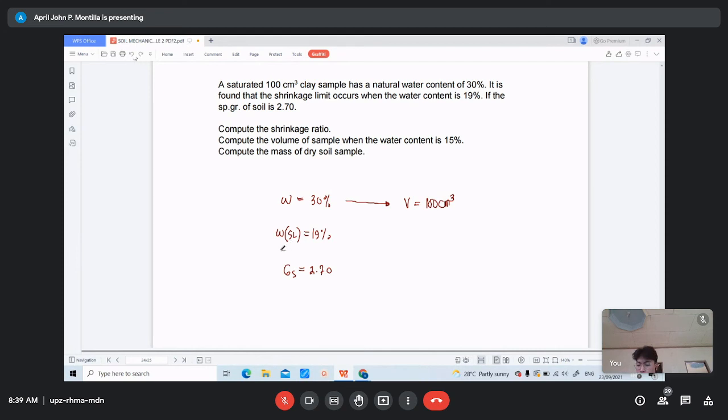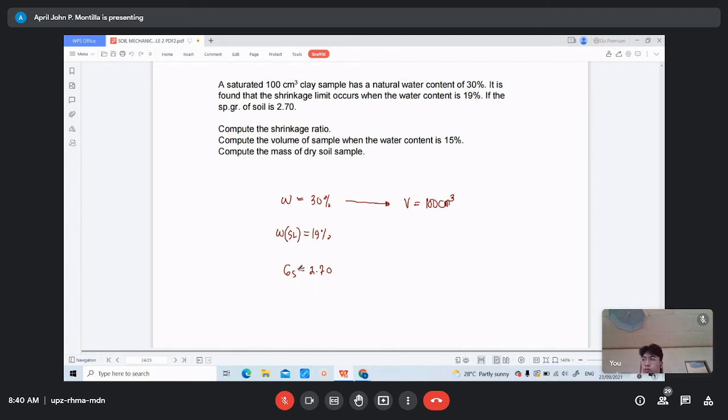If you have shrinkage limit, specific gravity, ano yung mako-compute mo? I'm not asking for the equation.